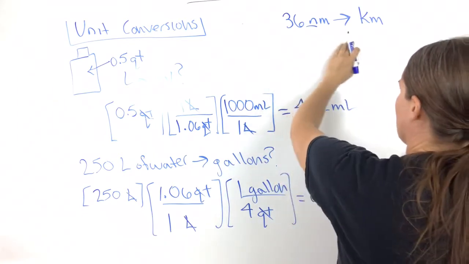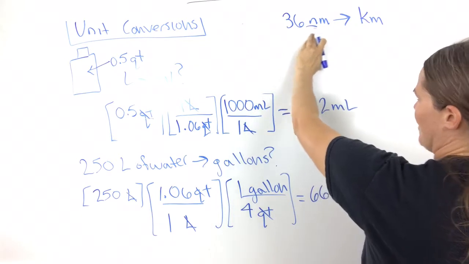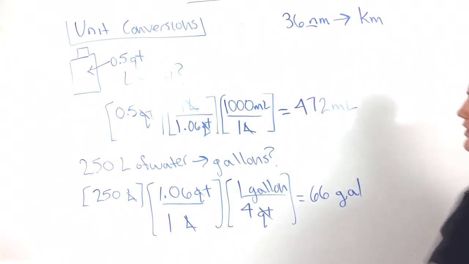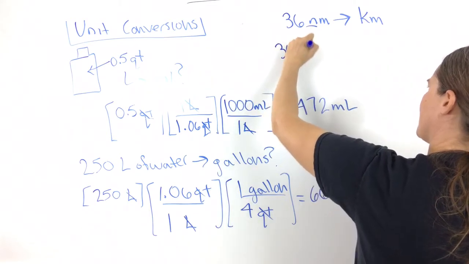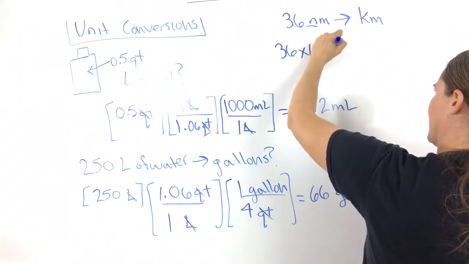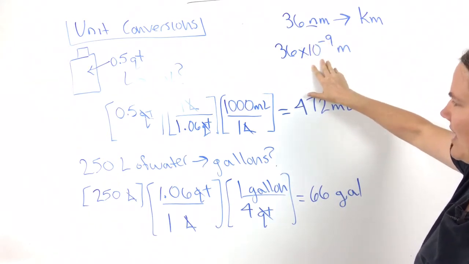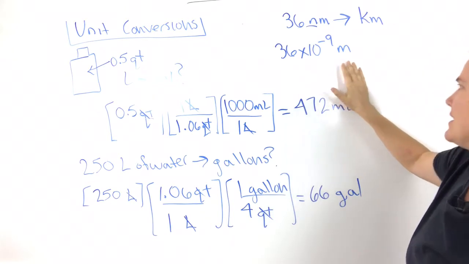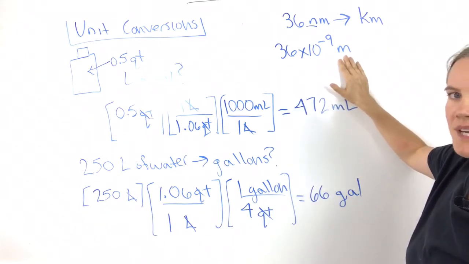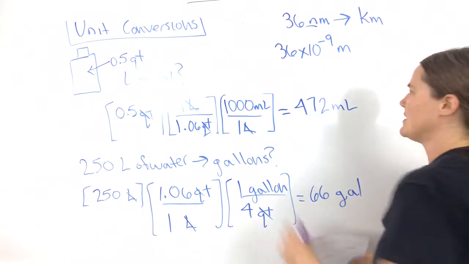Okay, so what I usually do with this is I just write down the number without the prefix attached. So this would be 36 times 10 to the negative 9 meters. Nano is 10 to the negative 9, so I can just write this as 36 times 10 to the negative 9 meters, and then I have the unit in meters, and it's pretty easy to go from meters to kilometers.